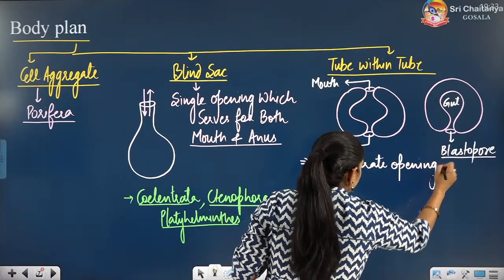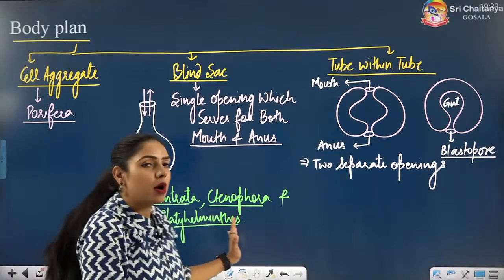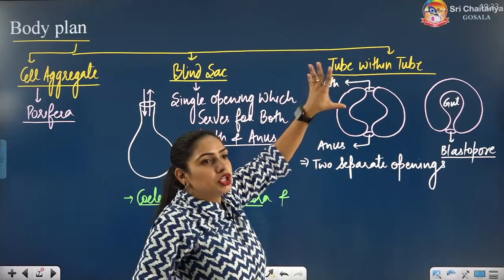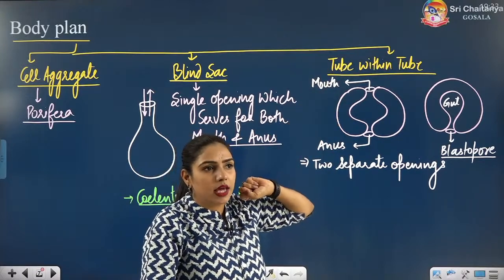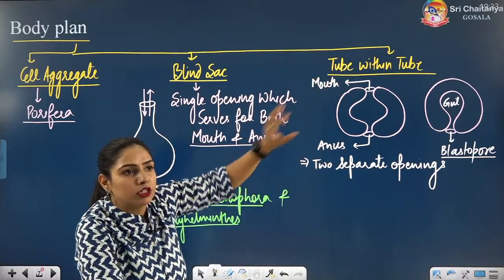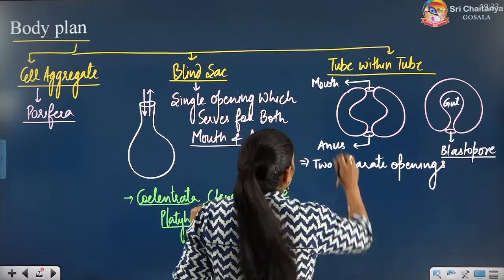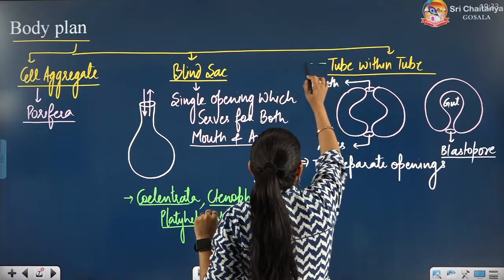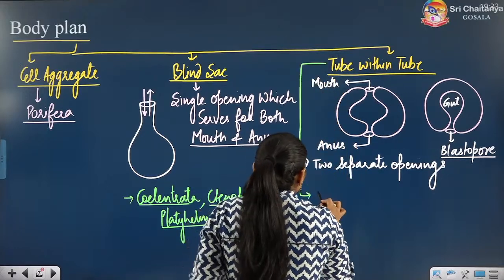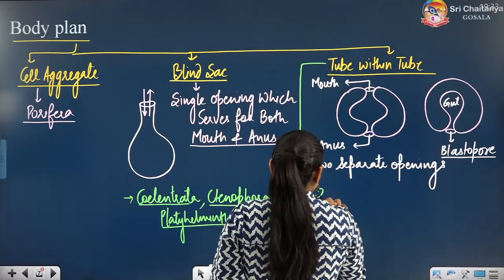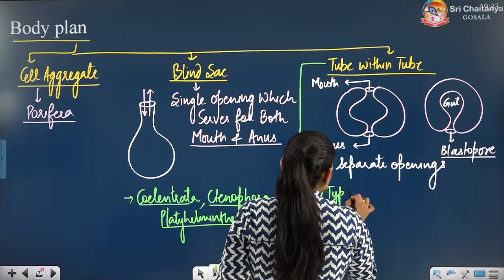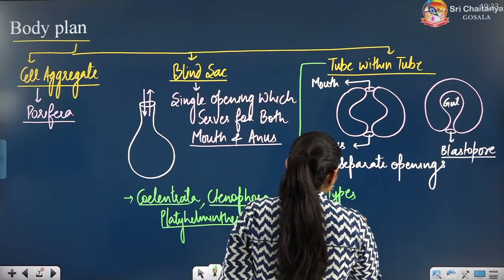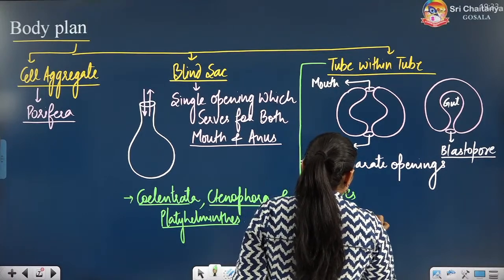Now, the rest of the animals from Aschelminthes till phylum Chordata, all are showing the tube within tube body plan. So in case of the tube within tube body plan also, we can say we have two types. One is the protostomic body plan and another is the deuterostomic body plan.